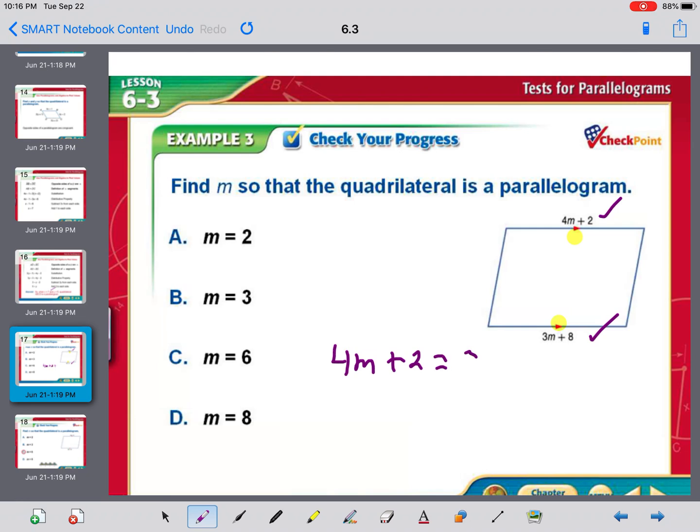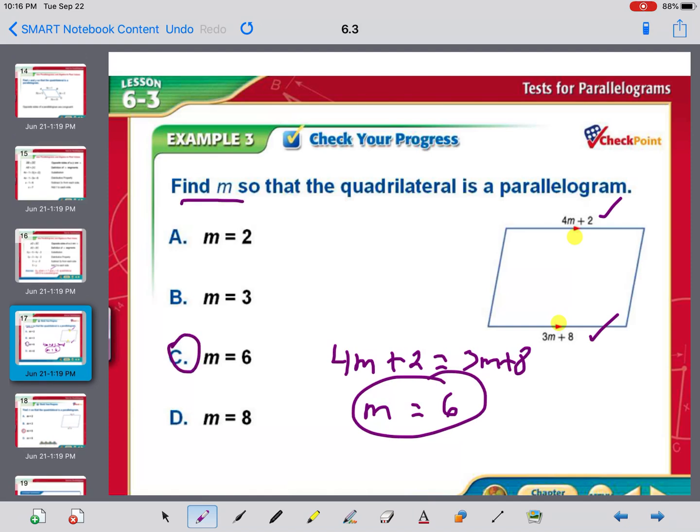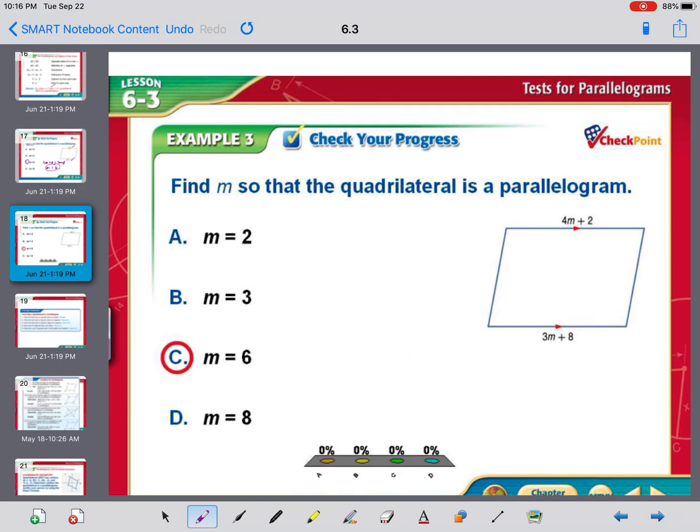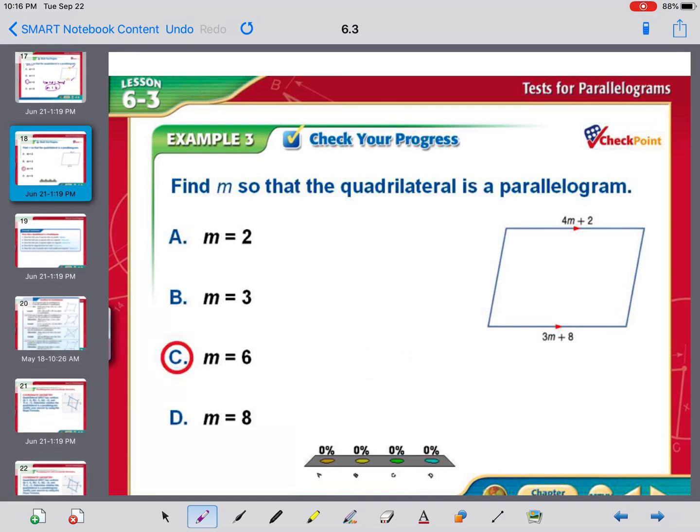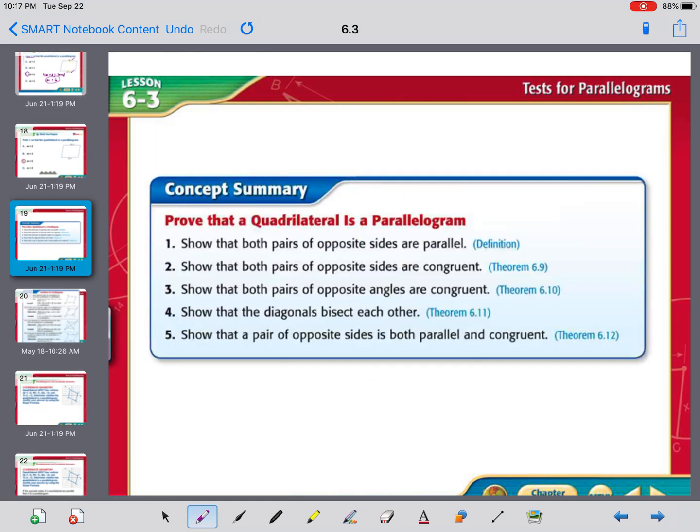So we're saying that the 4m plus 2 would have to be equal to the 3m plus 8. Subtract 3m from both sides. Subtract 2 from both sides. m is 6. That's the m that makes the quadrilateral a parallelogram. 6.